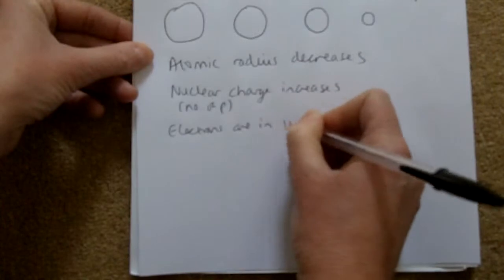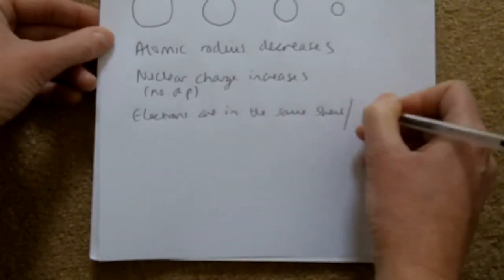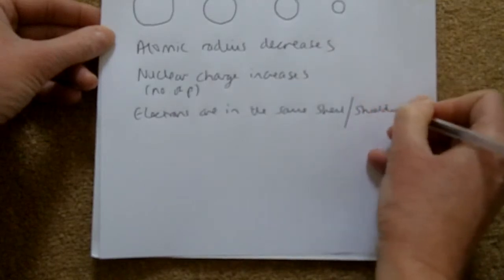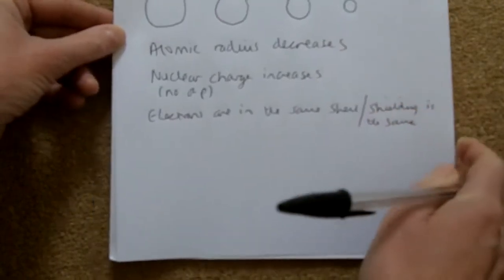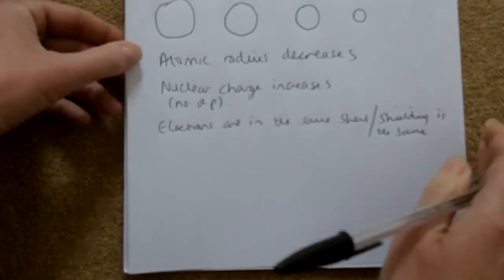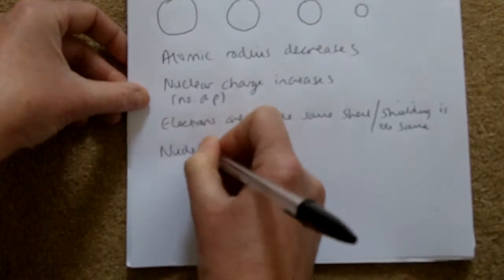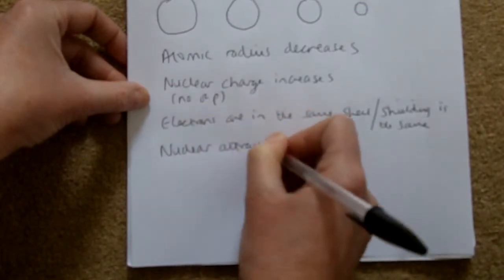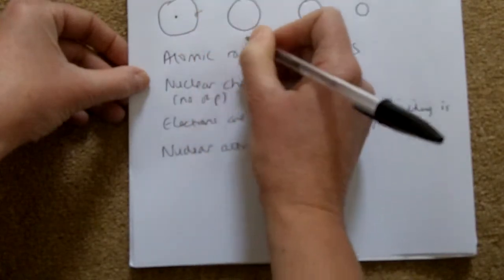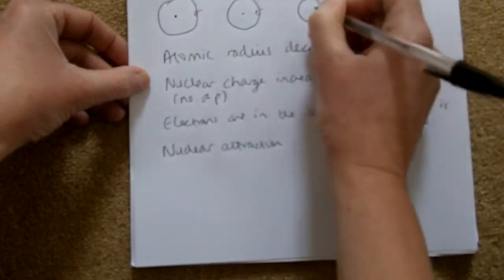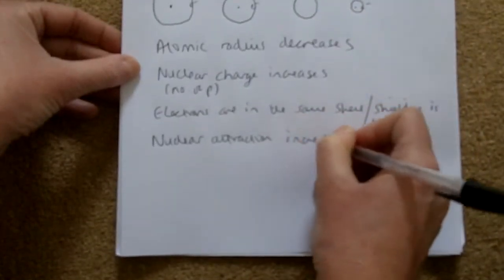They're in the same shell. The shell's not increasing, and also the shielding is the same as well. They're not increasing as you go across the period. They're the same. So as you go across the period, the nuclear attraction, the attraction between the nucleus and the outer electron, increases.